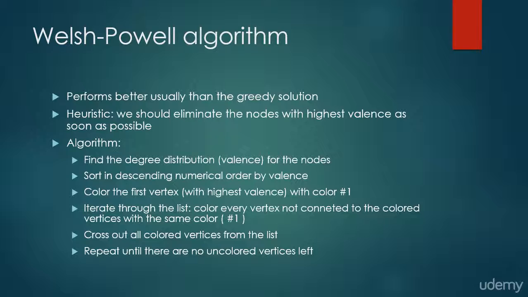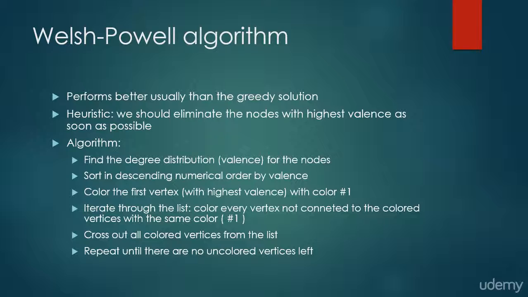So the algorithm is: find the degree distribution or the valence for the nodes. We just have to calculate for each node how many neighbors that given node has, and sort in descending numerical order by valence. Color the first vertex with highest valence with color 1.